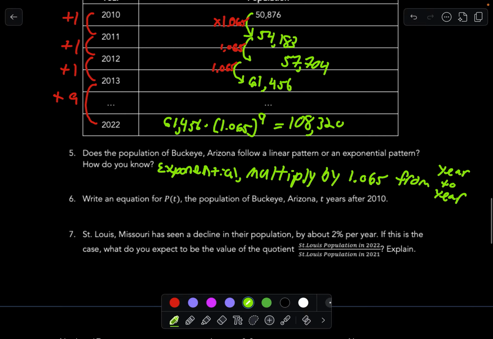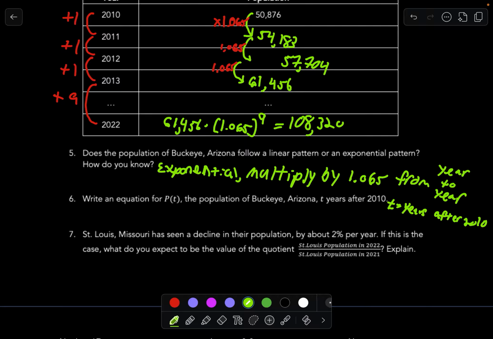So now it says write an equation for P of T, the population of Buckeye, Arizona, T years after 2010. So T in this is years after 2010. Okay.